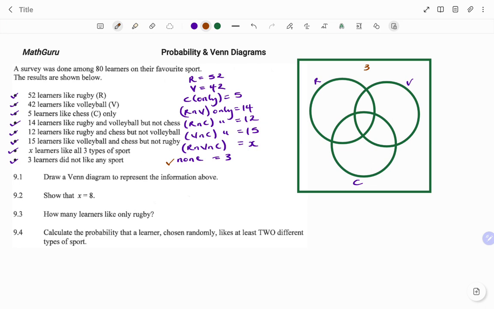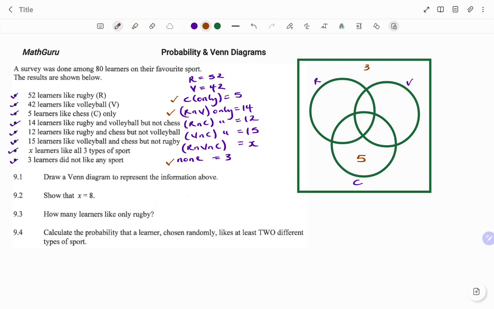Then I go to all my only statements, starting with chess only. Chess only is 5. So what that means is I have 5 inside chess, but not included with rugby and volleyball. Then I have R and V only.